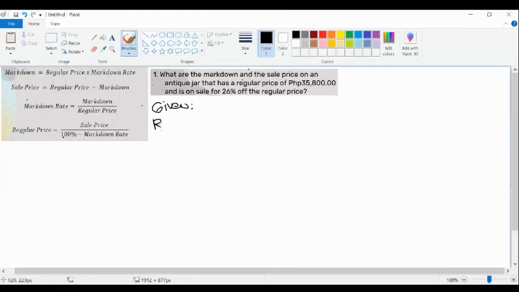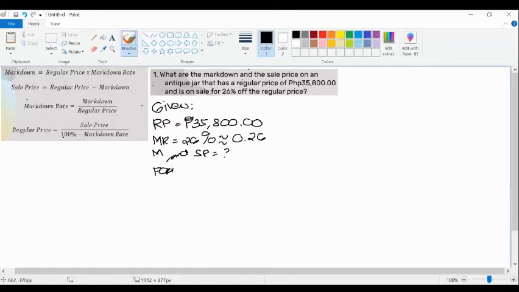We have the regular price of 35,800 pesos and the markdown rate of 26%. Why markdown rate? Because of the word off. So 26% is also equal to 0.26, converting this into decimal.